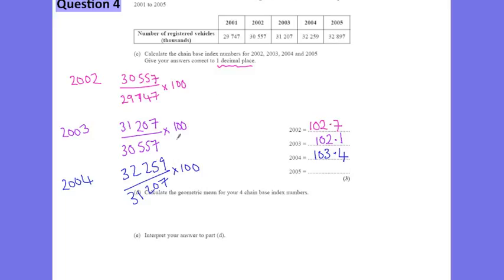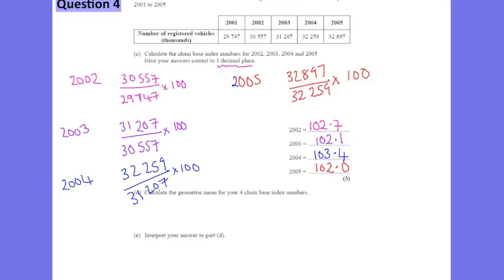And then lastly, for the year 2005, exactly the same process using 2004 as the base, timesing by 100, 102.0.